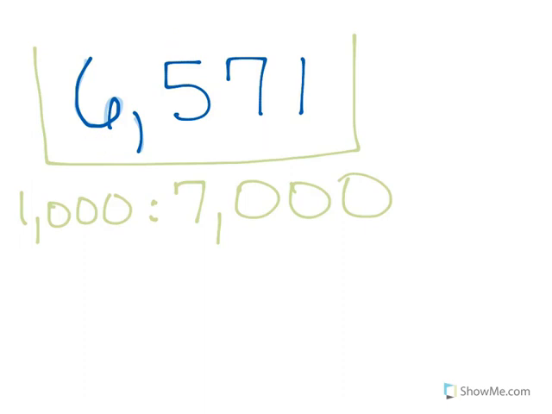Now let's take the same number and round it to the nearest 100. So I'm going to underline my hundreds place, and my arrow will be pointing at the digit in the tens place. So the 7, oh, that's 5 or higher as well.